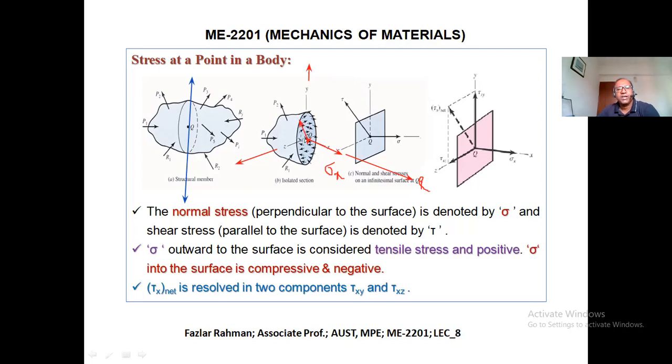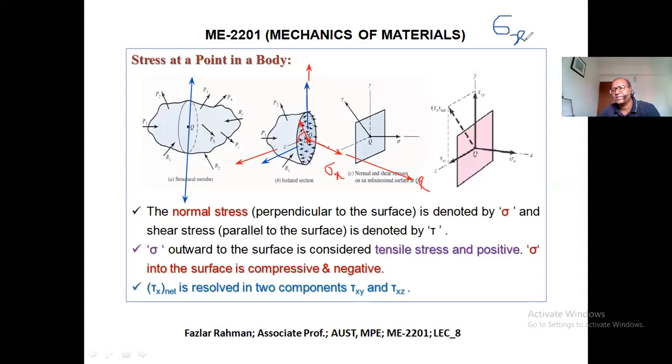Now, if I know this angle, this shear stress I can divide into two components. One shear force works along this direction, the other along this direction. So what you see is, if you cut an object, then perpendicular to the surface there will be one normal stress, that means sigma x.